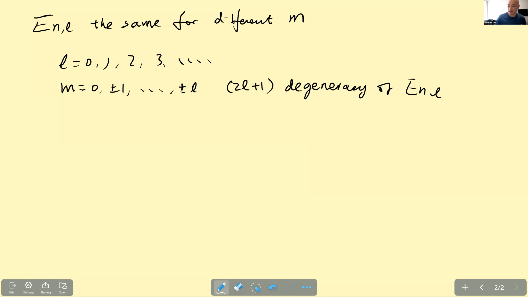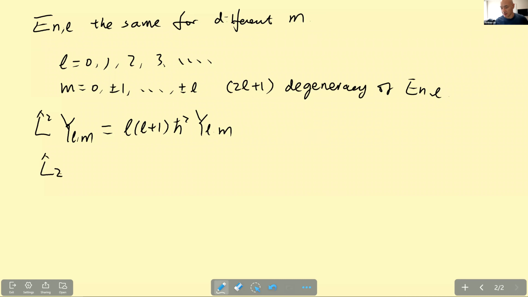Right. And these are spherical harmonics. Okay. So they are eigenstates of the angular momentum squared with the eigenvalue l times l plus 1 h bar squared, Y_lm. And of course, they are also eigenstates of the z component with eigenvalue m times h bar.